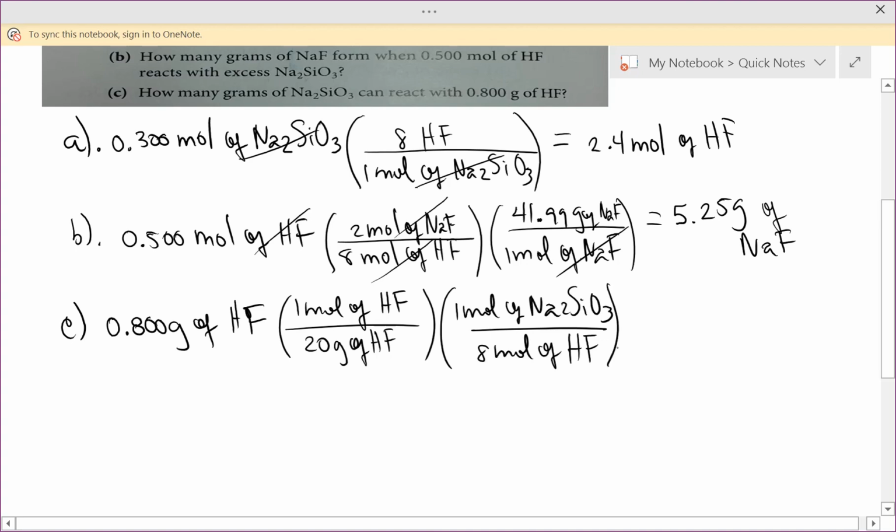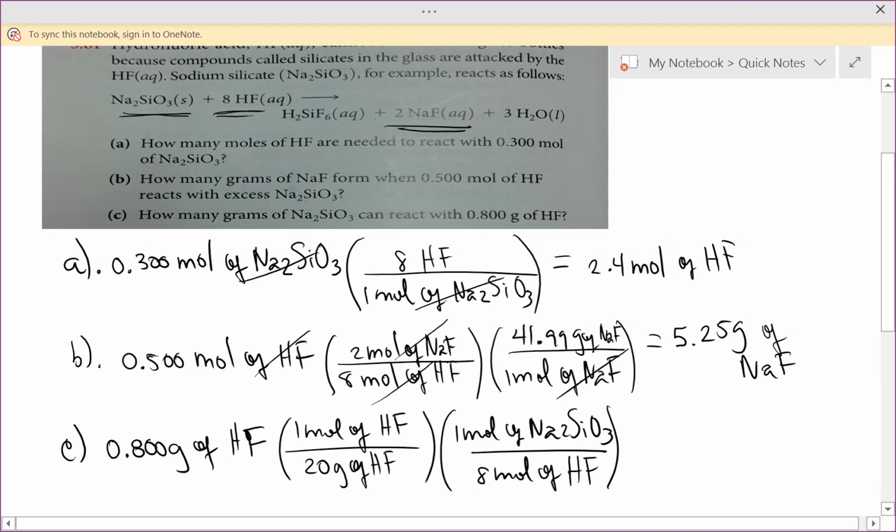Remember that we can do these relationships because we are following the conservation of mass, and this is a balance equation. So every time that you have to do a relationship to solve in terms of moles of a compound, if we have on here that we have 8 moles of HF, we can relate it to either this product or this product or whatever we need.